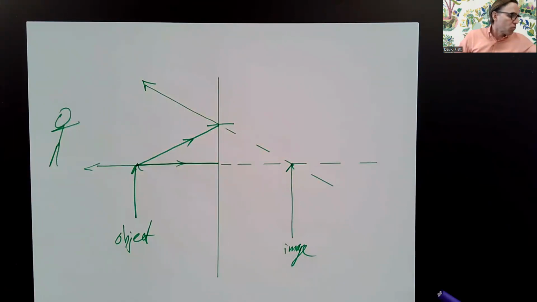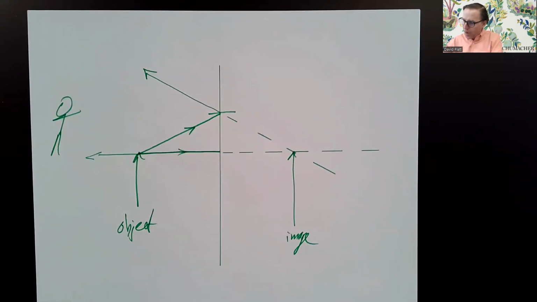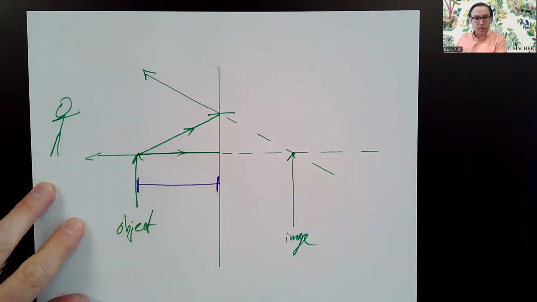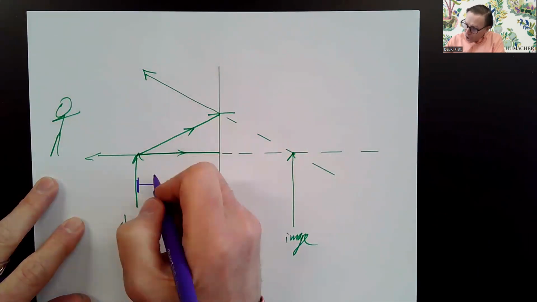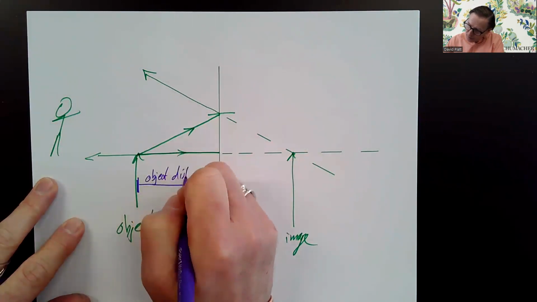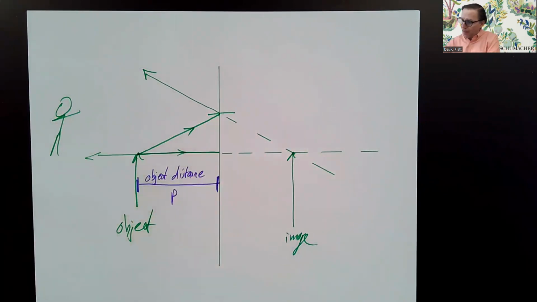Now, once we have drawn that, I can define some things. We're going to talk a lot in this chapter about this distance, how far the object is from the mirror. It's called object distance, and we use the letter P for that.